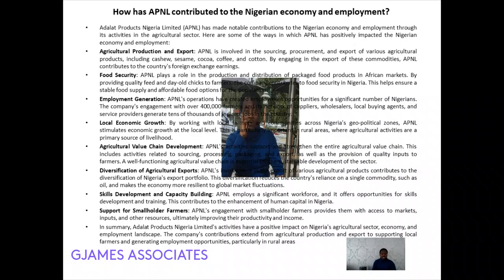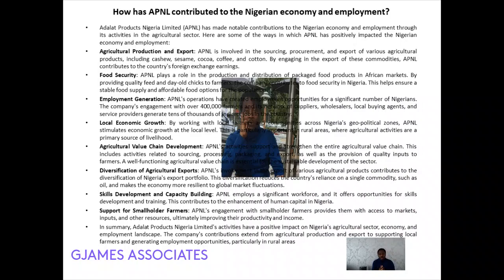We can look at food security, support for smallholder farmers, agricultural production and export aspects, employment generation, the local economic growth that they've pushed forward, the value chain development, which I've earlier highlighted, diversification of agricultural export, the skill development and capacity building within the industry.